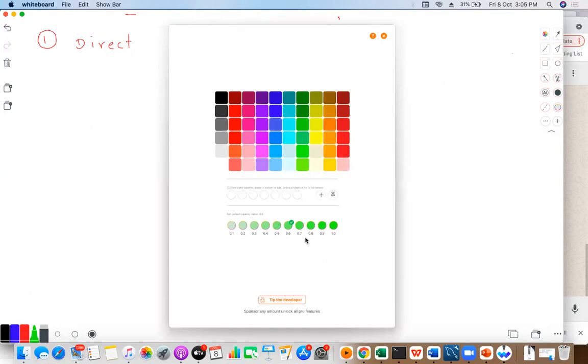Let me change the thickness. Direct method.